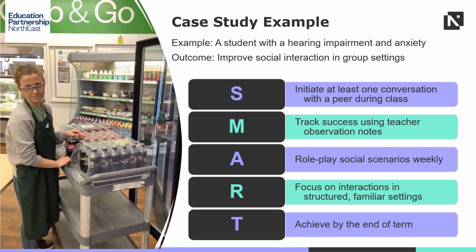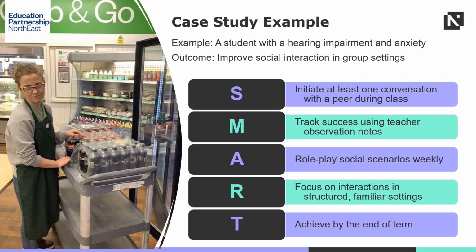In terms of it being achievable, we set up little role-playing scenarios, because we knew from section A and from conversations with the young person and our caregivers that she wanted to work, and she wanted to work in a cafe. So we set up little role-play scenarios first off in class, and then we moved into our own cafe setting where she'd done some work experience as well.